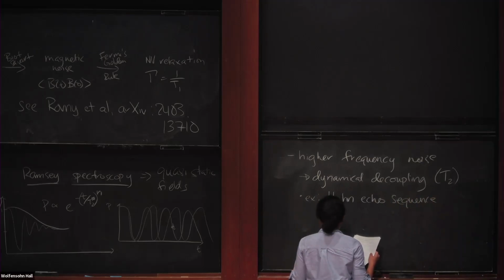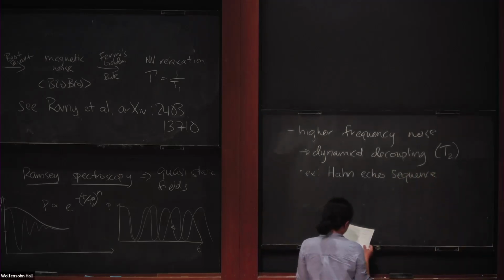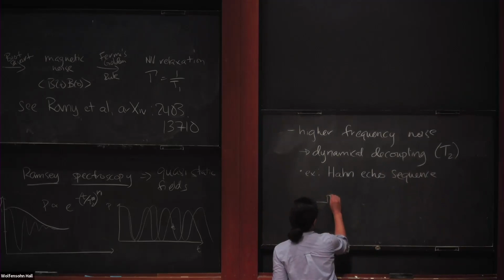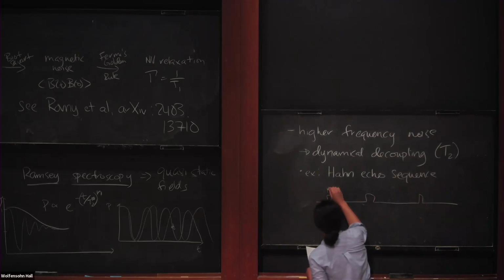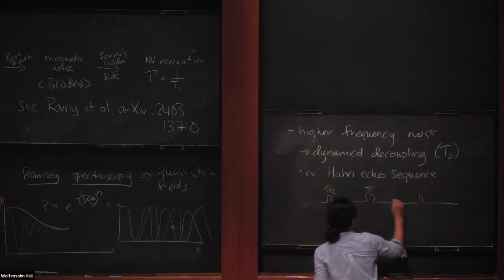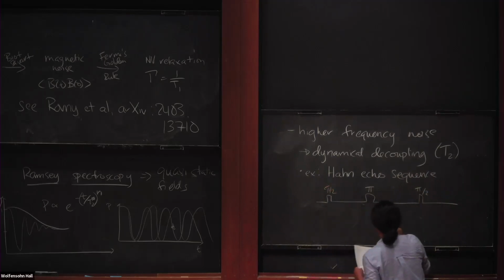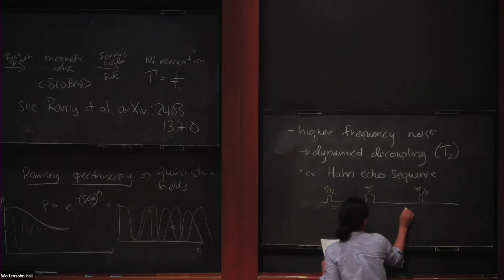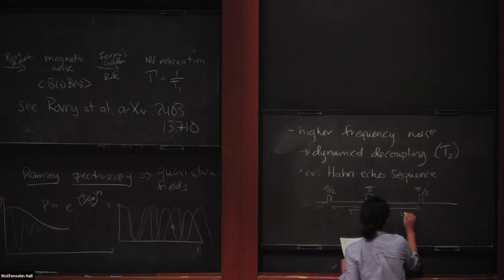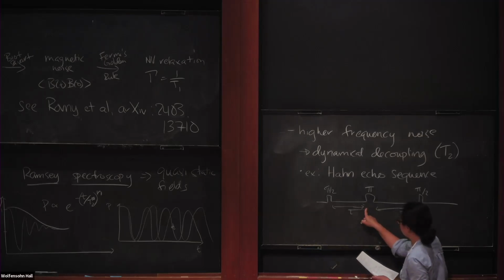For Erwin Hahn, so you know how old this is. Okay, so what I'm going to do is a pi over 2 pulse, pi pulse, and then a pi over 2 pulse. And these will have the same evolution times in between.